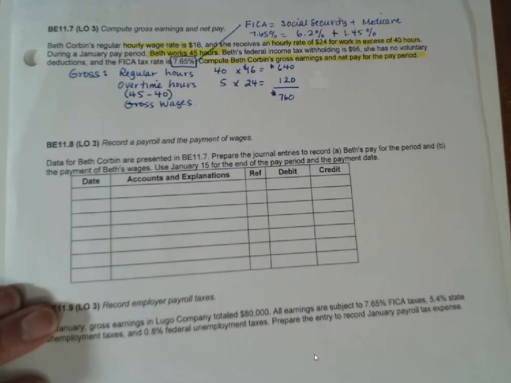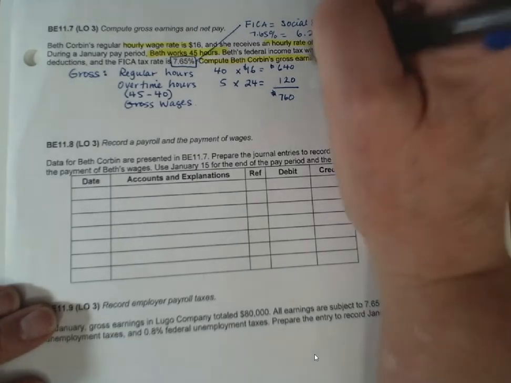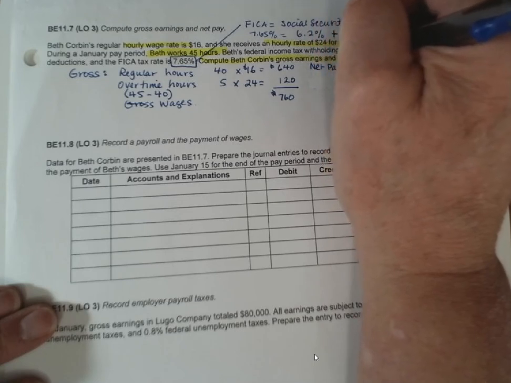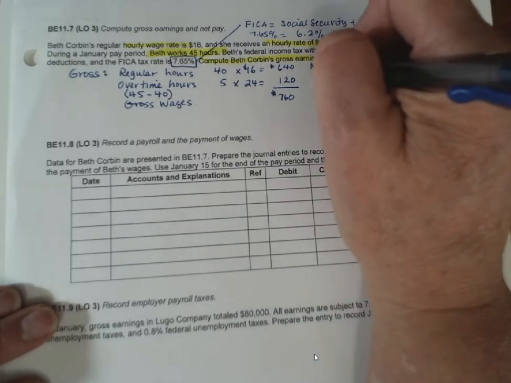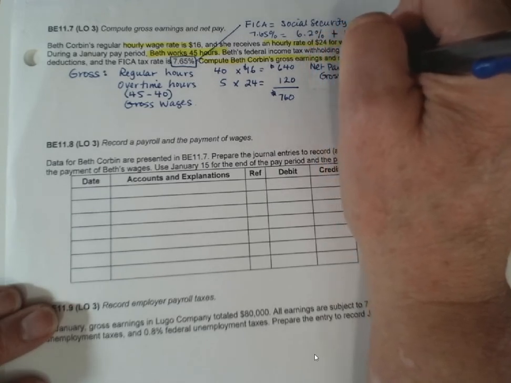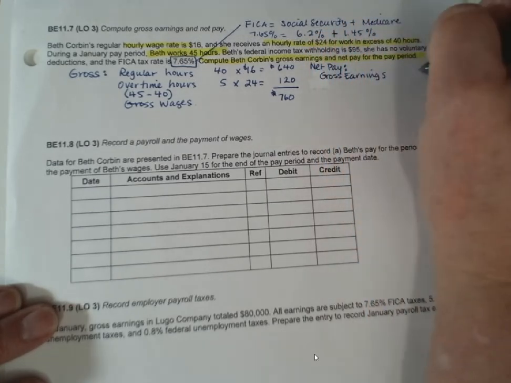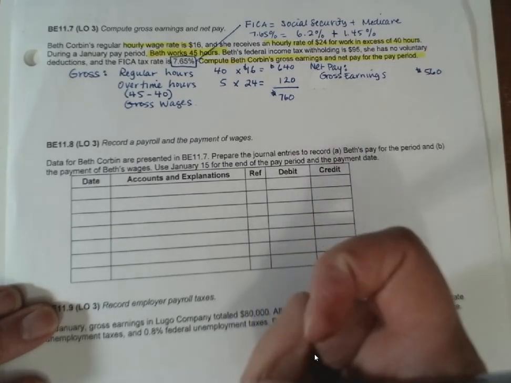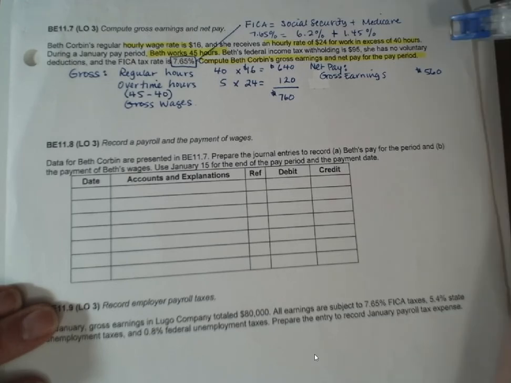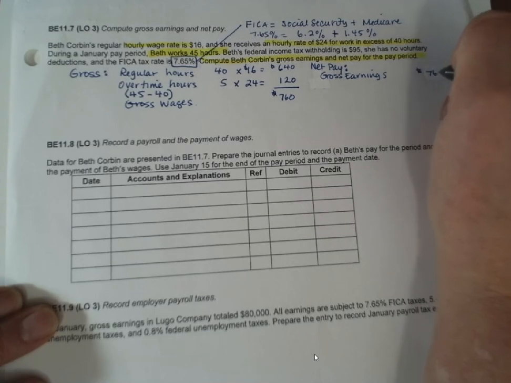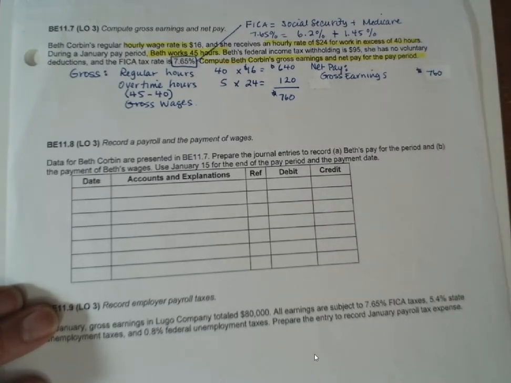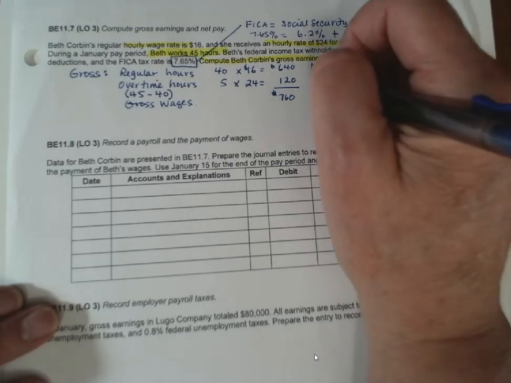So she gets paid gross wages of $760. Now let's calculate out her net pay. Her net pay is going to be her gross earnings, which is $760. I'm sorry, I said $560 but it's $760. Then she has some deductions.